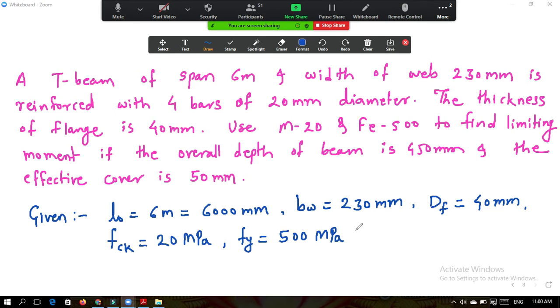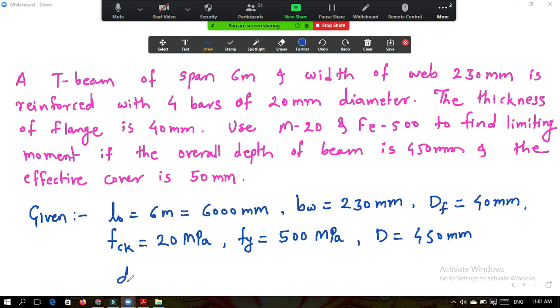Okay, then what is given? Capital D is given to you. Overall depth is 450 mm and effective cover is 50 mm. So you can calculate the effective depth first.